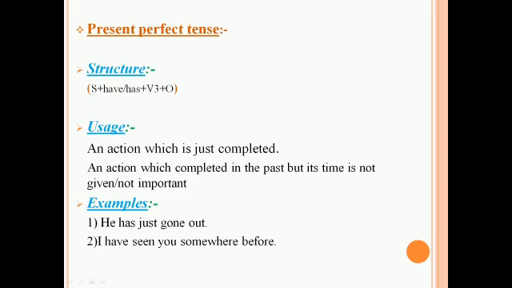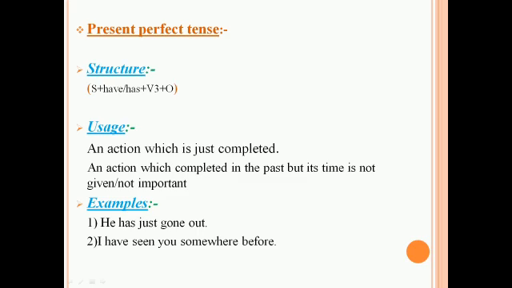Or I have seen Bahubali. I, subject, have plus seen V3. Seeing Bahubali has already occurred in the past. Its time is not important, but its feeling is still with me.